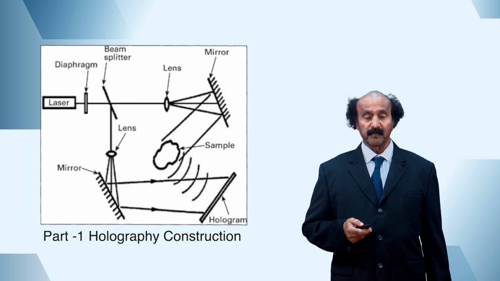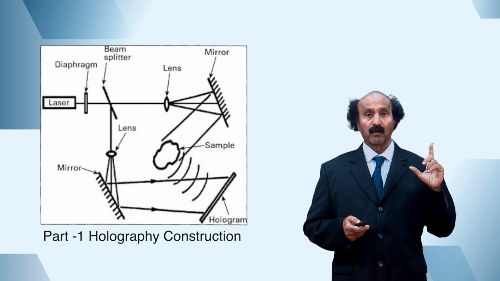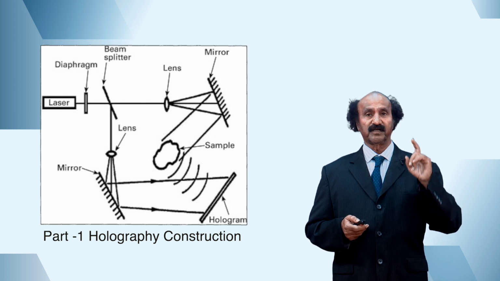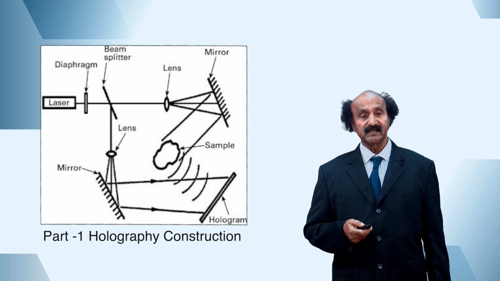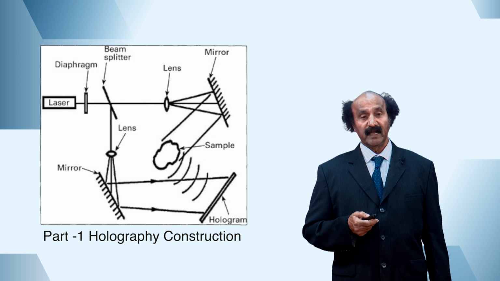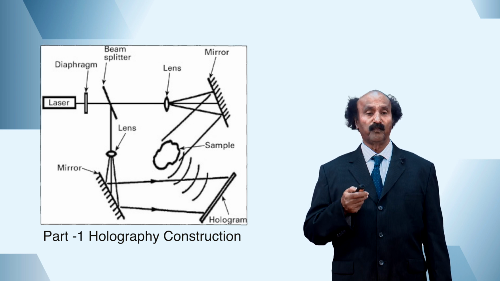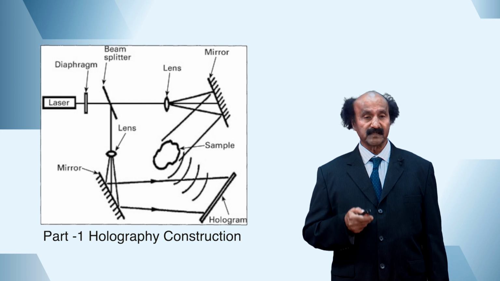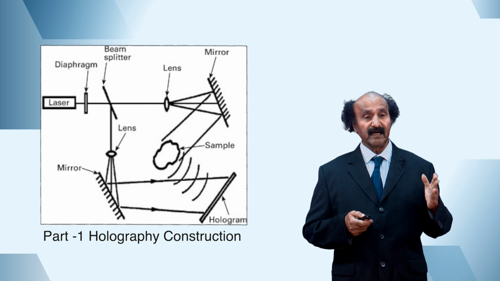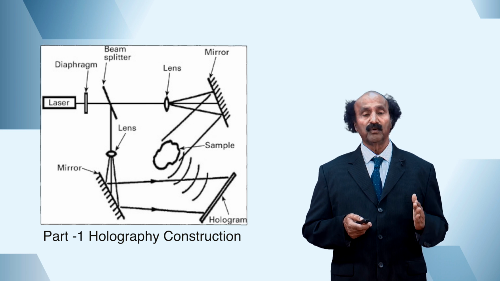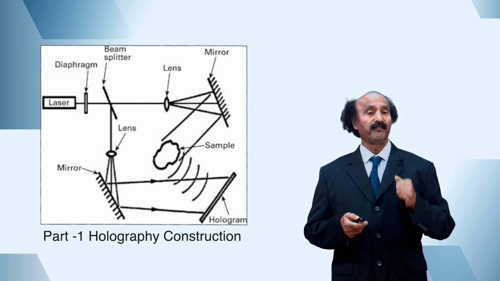The first one represents the holographic construction, which is something like taking a photograph. All that you need is a laser. The laser is split into two. BS represents the beam splitter. It divides the light in the ratio 5:1.